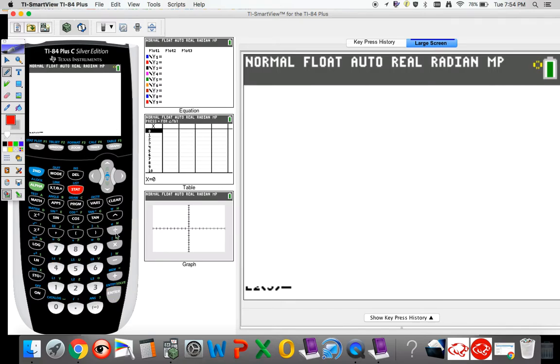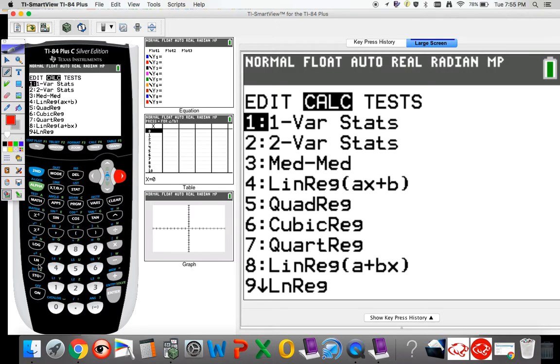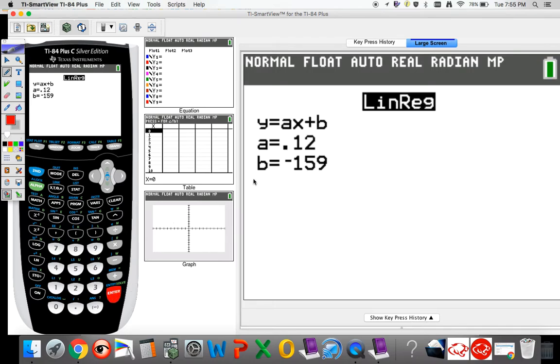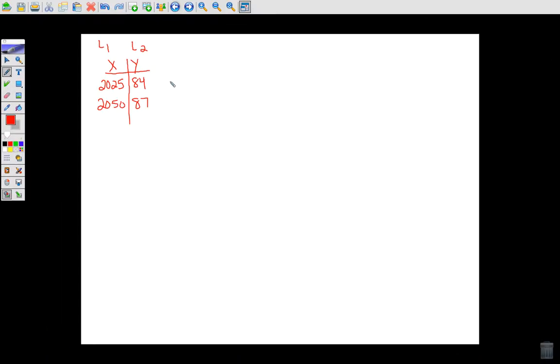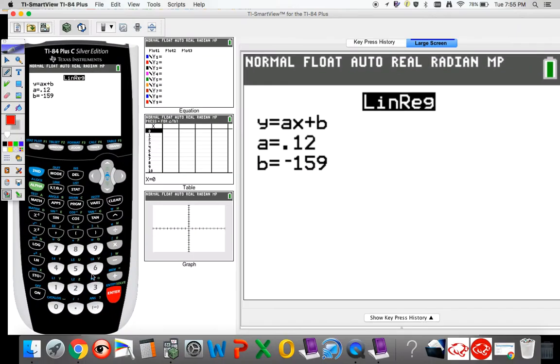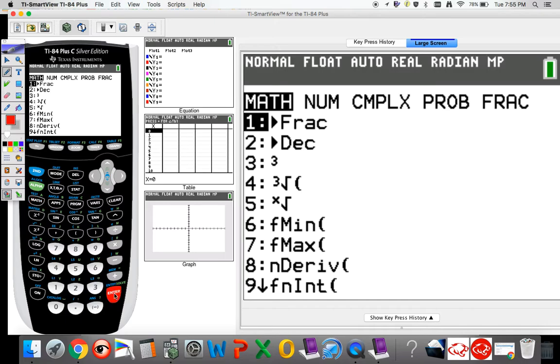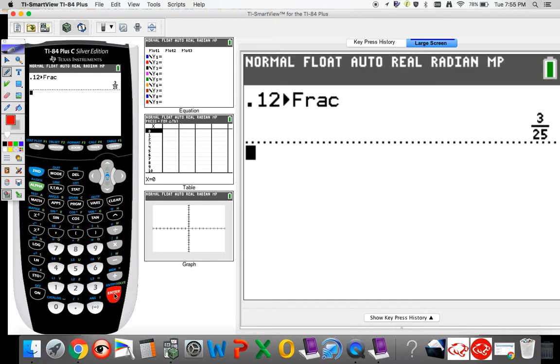So we're going to go stat, calc, 4, hit enter through all of this. And my rate of change, that's my slope, which is the letter A, is 0.12. So what I'm going to do is right over here, M is equal to 0.12. Now let's say they want you to put it into a fraction. All you have to do is go back over here, type in your 0.12, hit math, enter, enter, and that's 3 over 25.